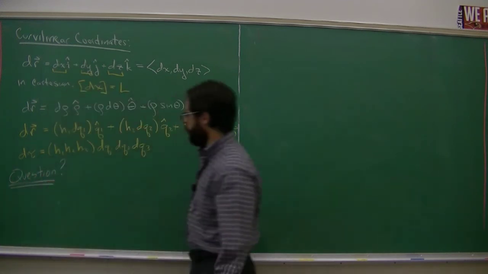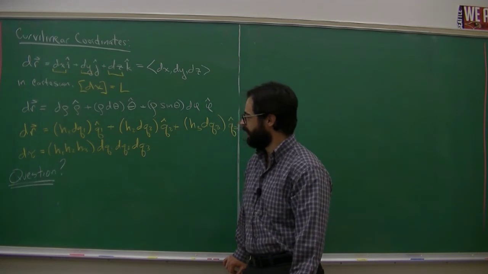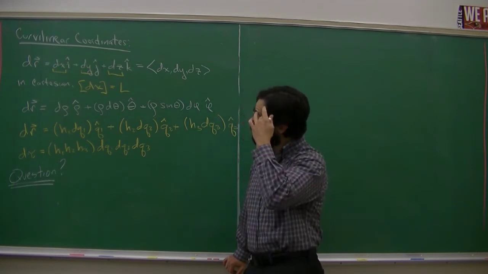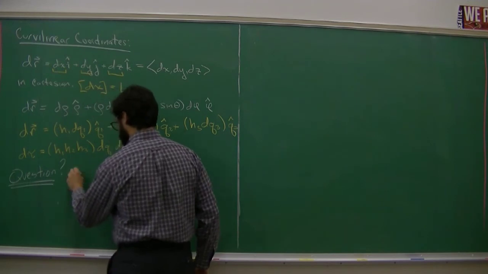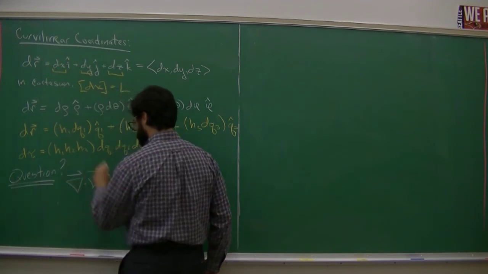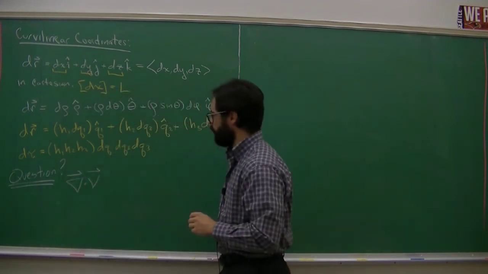so that you're not really tempted to think it's correct. Imagine that I wanted to write the divergence in curvilinear coordinates. So I've got some vector function v, and I want to write its divergence.